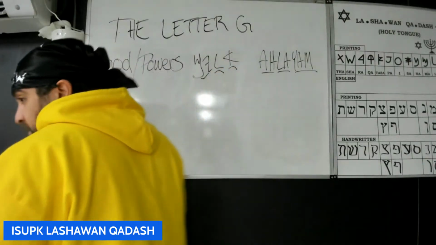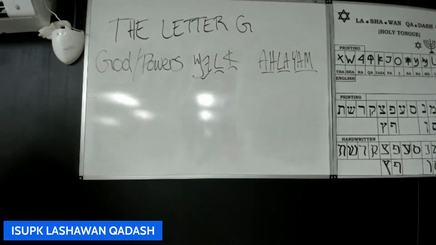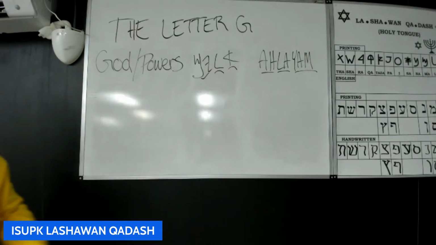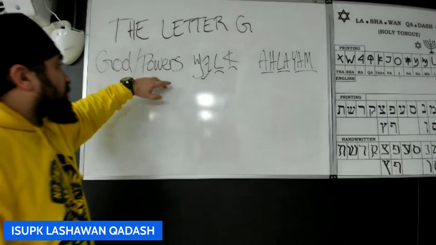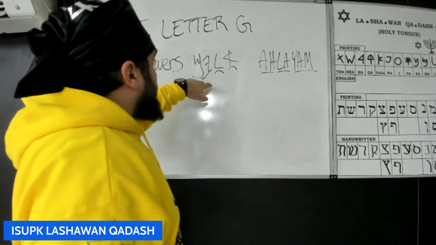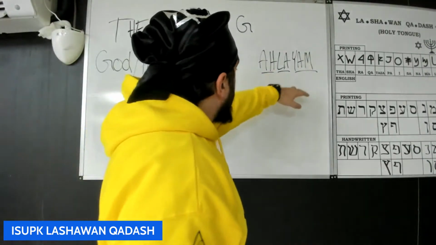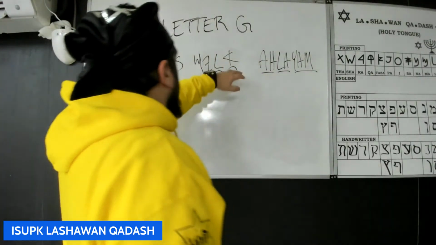It's connected. As simple as that. Nothing really too complicated about it. God or powers is Allah yum. Written from left to right. This is how you write it in ancient.